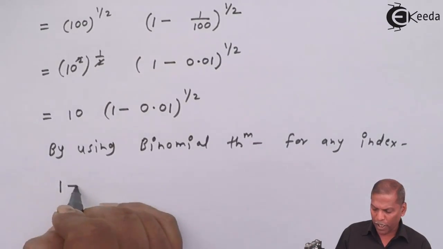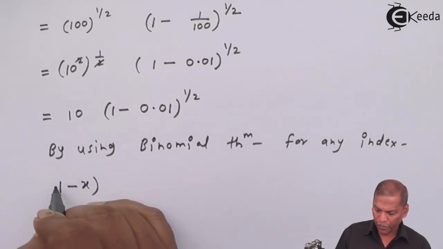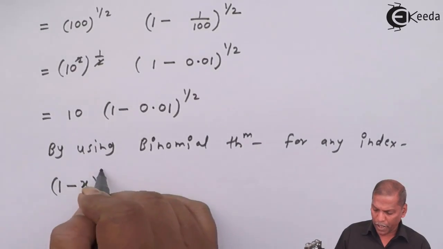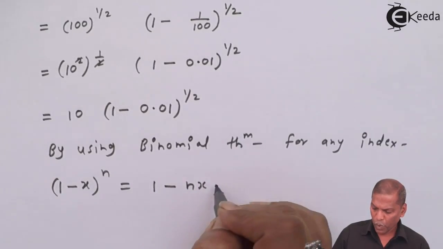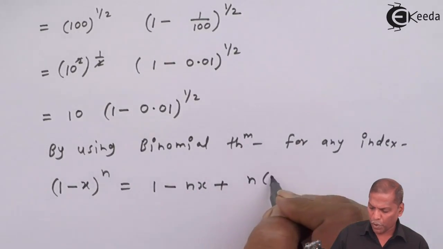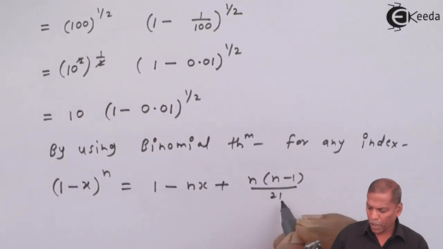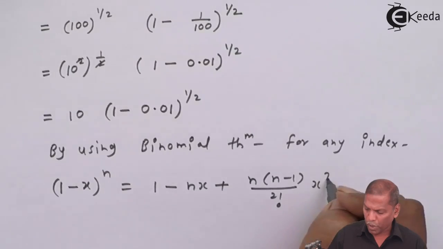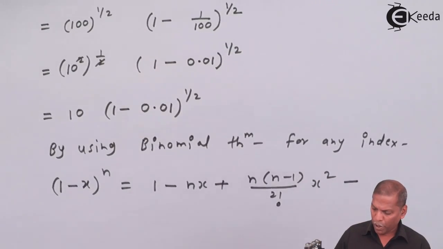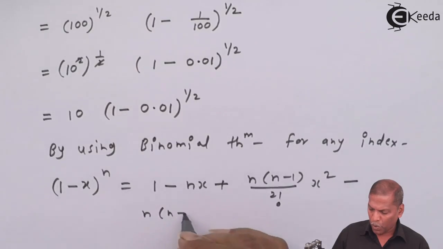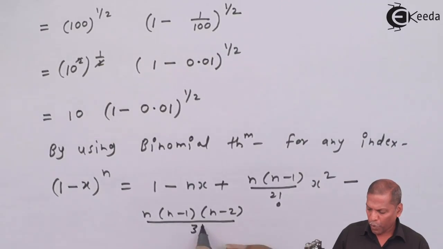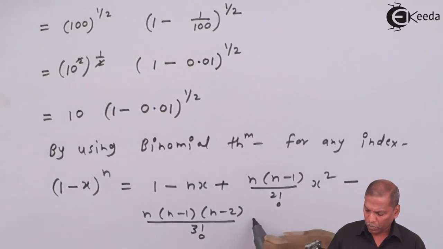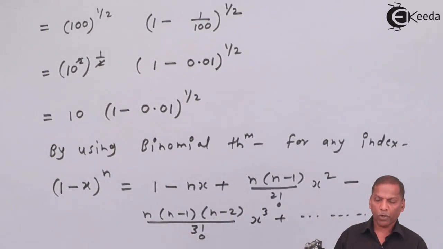So here we write formula that 1 minus x whole bracket raise n gives 1 minus nx plus n into n minus 1 upon 2 factorial x square minus n into n minus 1 into n minus 2 upon 3 factorial x cube and plus going on.